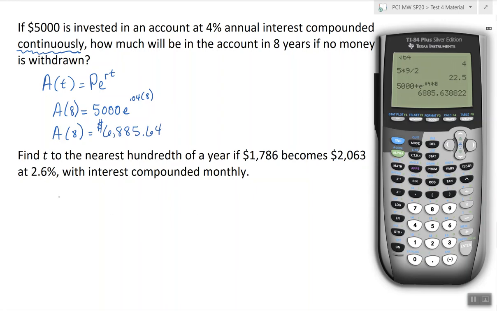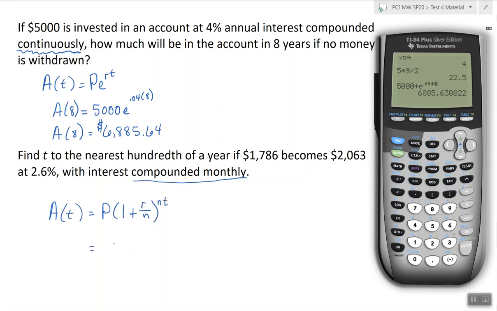Now the next problem, we're to find t to the nearest hundredth of a year if $1,786 becomes $2,063 at 2.6% interest, with the interest compounded monthly. Now compounded monthly is a different formula from before. That's going to be A of t equals P times 1 plus r over n to the nt.